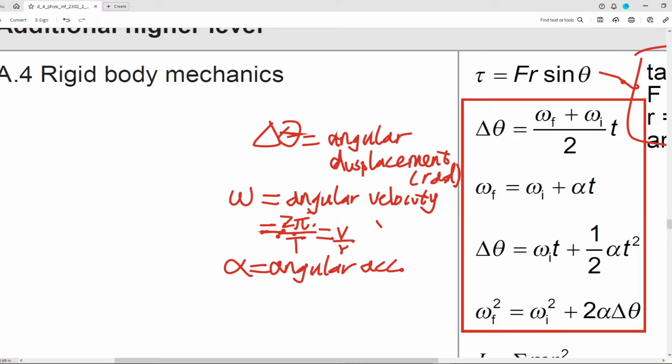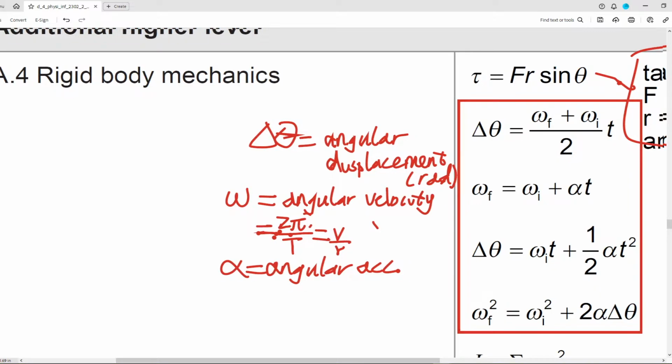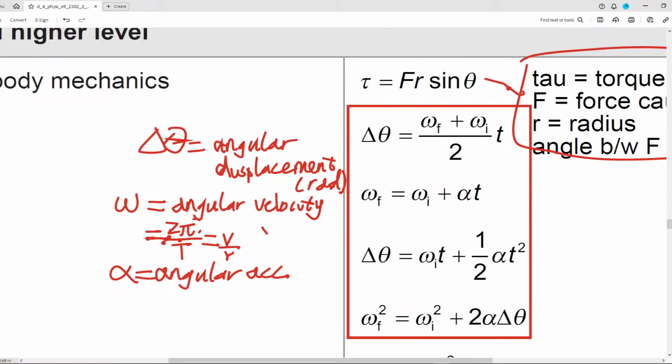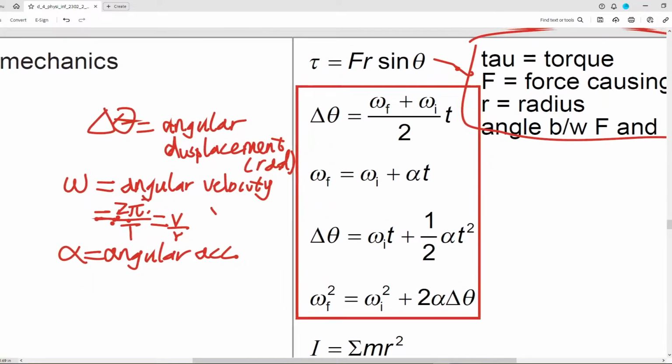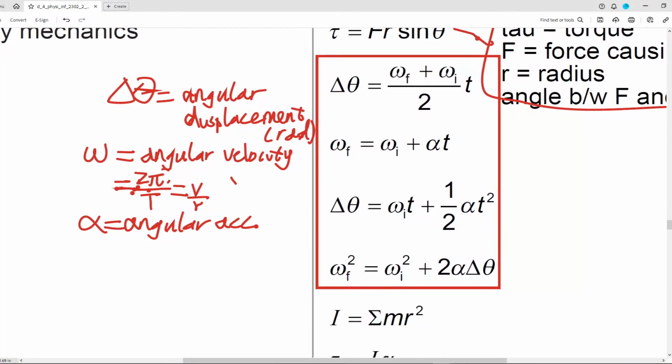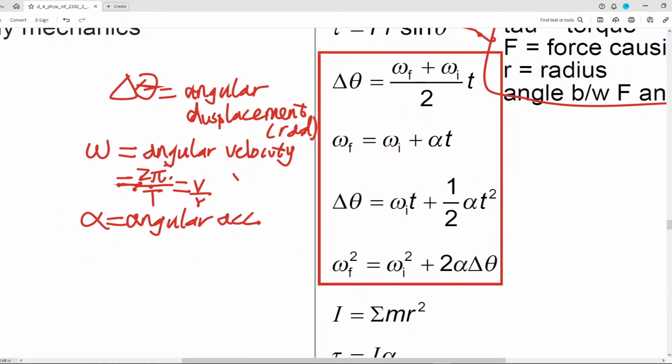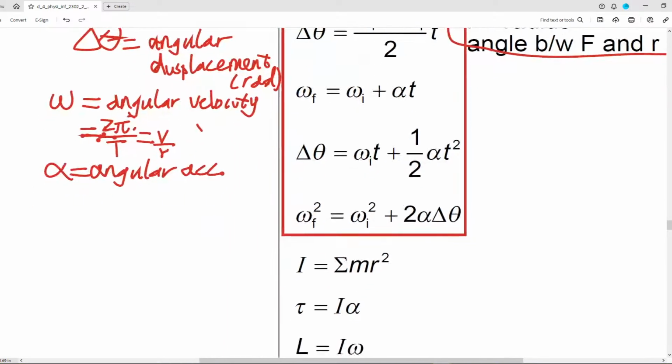The formulas are fairly easy to remember because they're just the linear counterparts from 8.1. So these are basically kinematics, how you describe motion. There's no projectile motion, however. You just have to know how something moves.